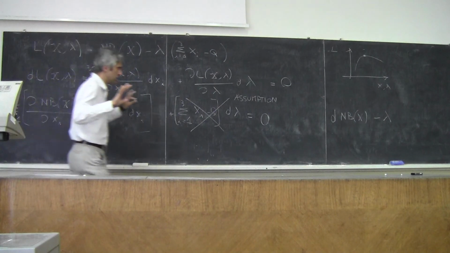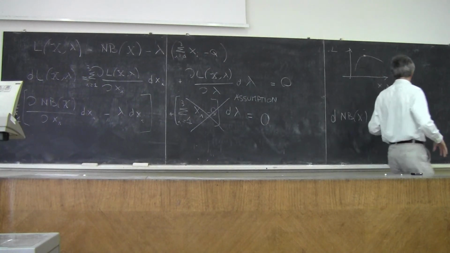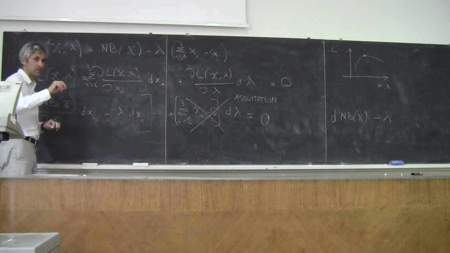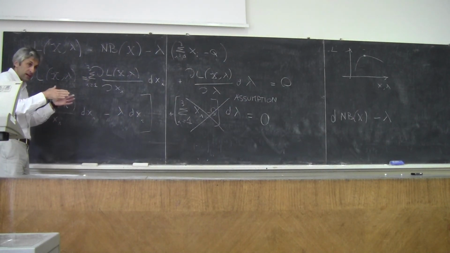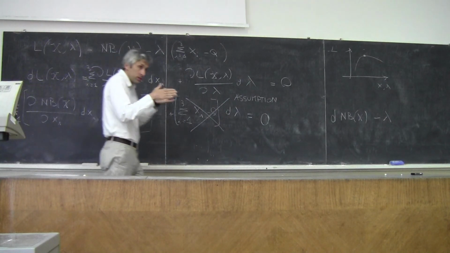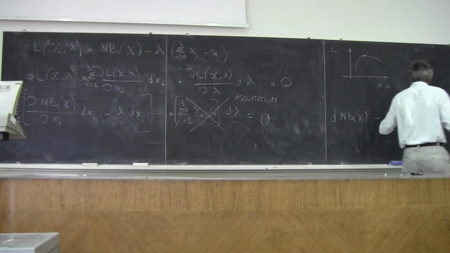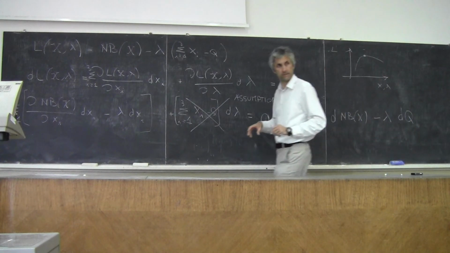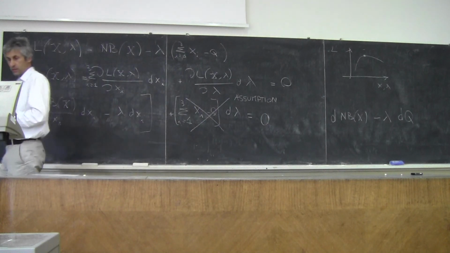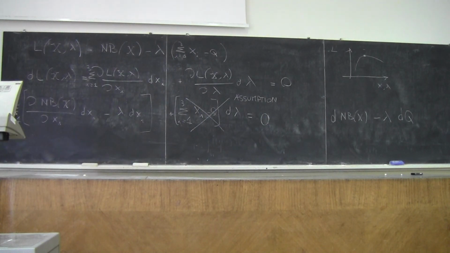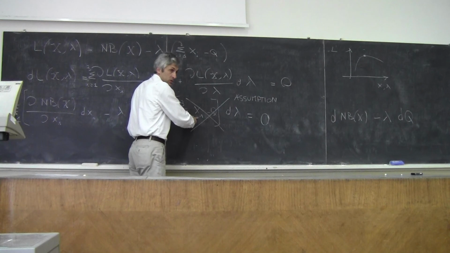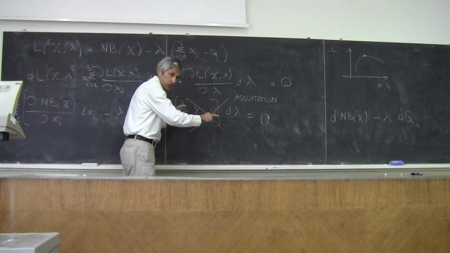Okay, but in any case, let me go back here. Minus lambda what? The dx1 plus dx2 plus dx3. So dx of any decision variable, what is that? It's then dq. Because if you are in correspondence of the optimum and you assume that the constraint is satisfied, it means that x1 plus x2 plus x3 is equal to q.